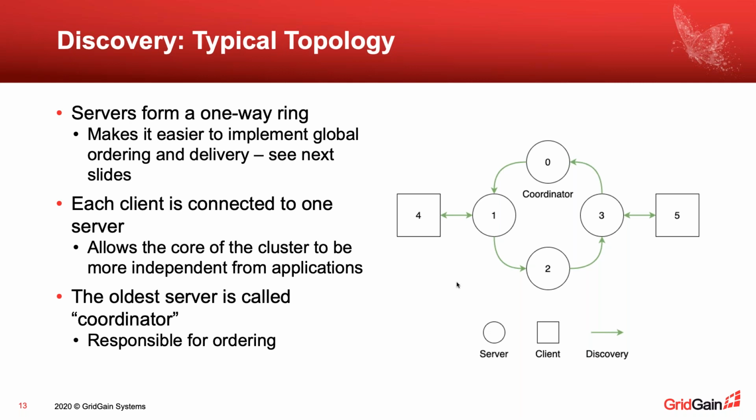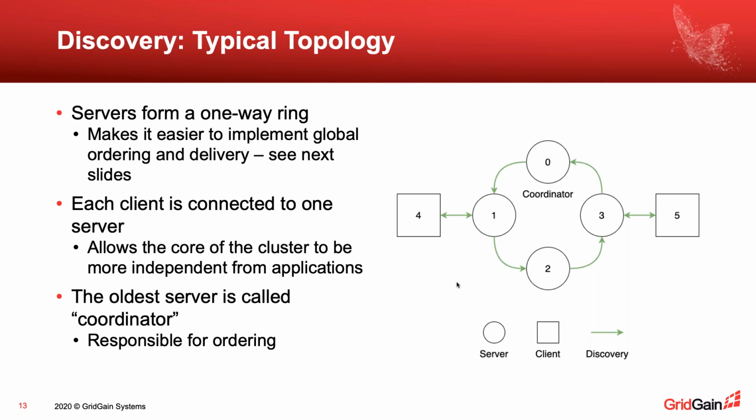The servers are also not all the same. One server is different from all the others, and that server is called coordinator. And coordinator is the main server in the topology which handles the event ordering. Unlike a lot of other systems, there is no designated coordinator.